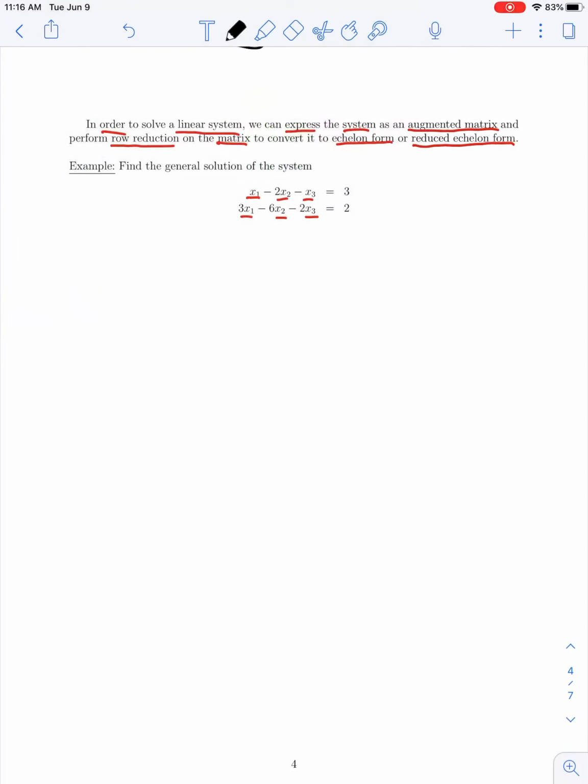This type of system is sometimes referred to as an underdetermined system, that is, a system with fewer equations than variables.